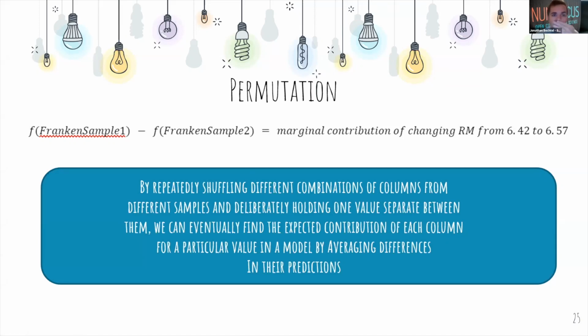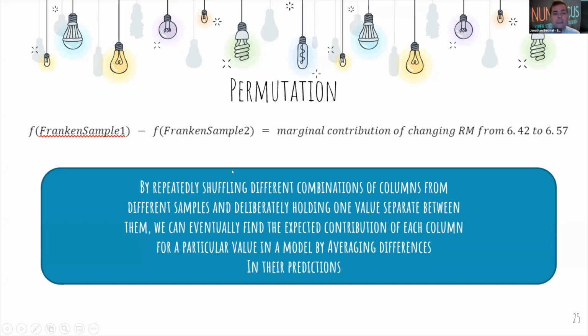The idea, though, is if you do this over and over again, continually drawing random samples from your training set, and also continually drawing different random combinations of columns from each of the 2 samples, and then take the differences and average them out, that will give you the marginal contribution of that particular value inside your data set, relative to all the other possibilities.